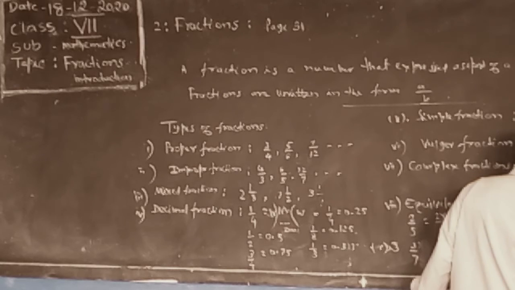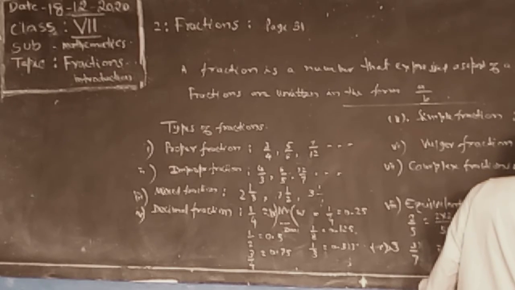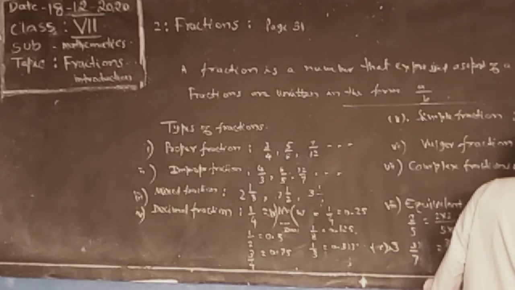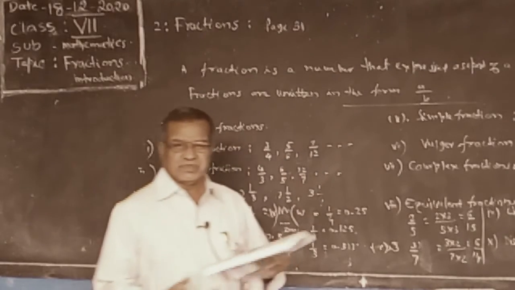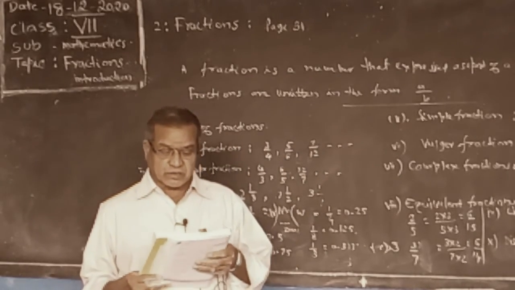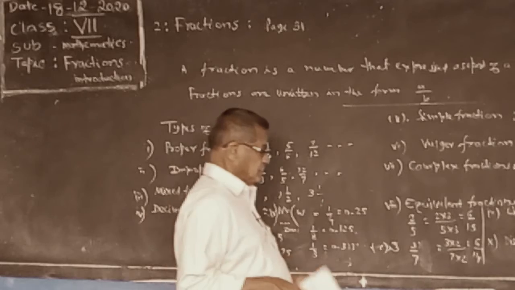Suppose 7 by 11, 8 by 11, 3 by 11, like that. Here all the denominators are the same. Such fractions are called like fractions.